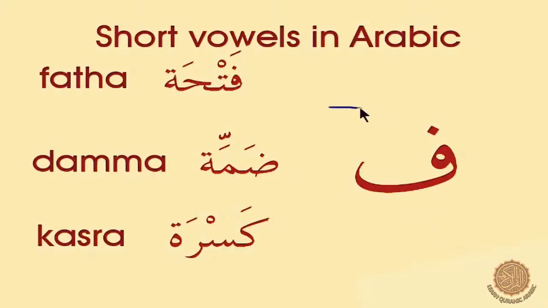So let's assume that this is the line where we write. The fatha would be on top of the letter. Dhamma would be on top as well. And kasra would be on the bottom. So fatha, dhamma, kasra. That's just the terminology, and inshallah we'll find out how they're actually pronounced.